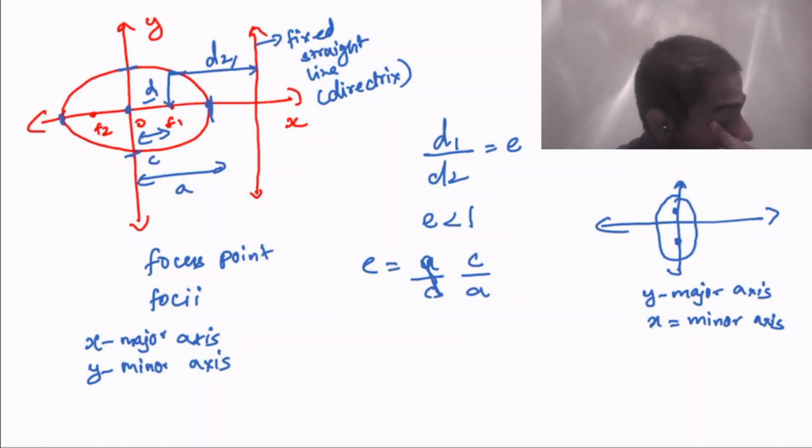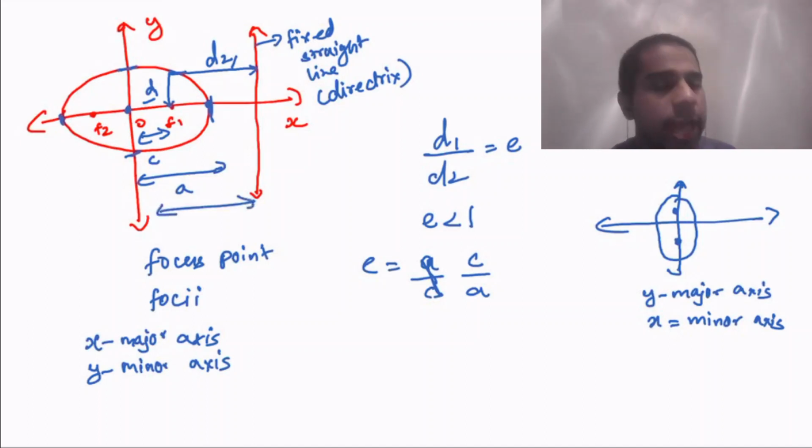Now here, the distance of the directrix from the center of the ellipse is given by x equal to a square by c. Here it's denoted by x because the center of the ellipse is also the origin in our case, right?